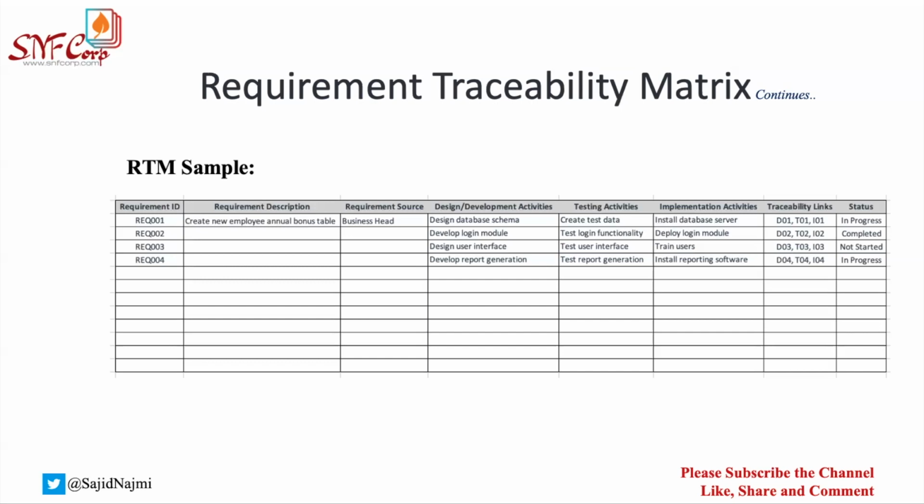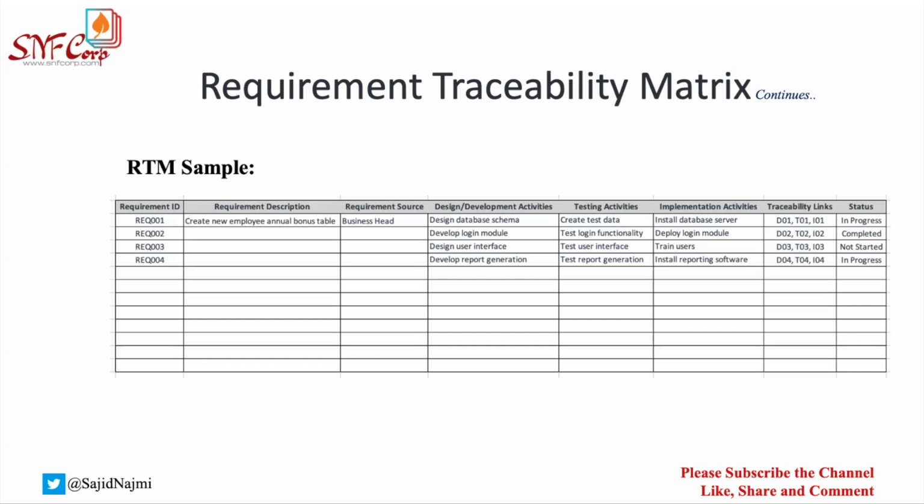So when I'm looking at D01 or T01 or I01, all these 3 sections will have only one requirement ID, which is REQ001. Whether I am at the D01, T01 or I01 section, I will have the same number REQ001. And I can come back to this Excel, this RTM, and see, okay, this I01, T01, or D01 talks about creating the new employee annual bonus table.